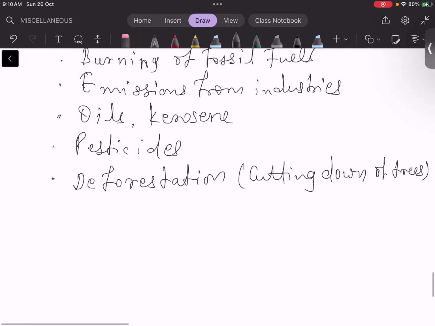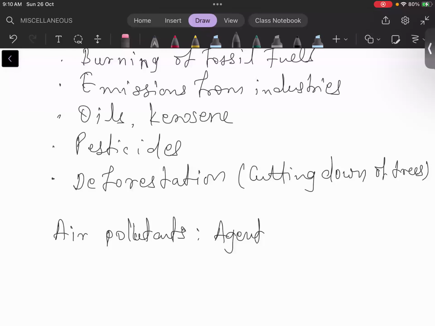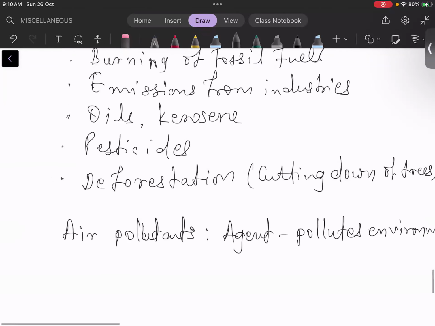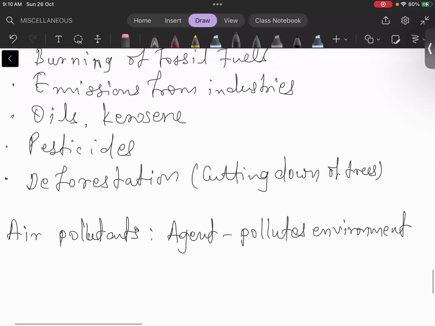Then air pollutants. Now, what are air pollutants? The agents that pollute the environment are called pollutants. Agents which pollute the environment are called air pollutants.